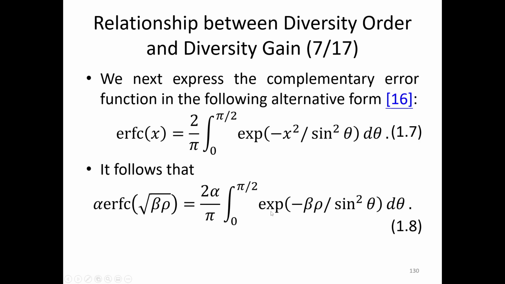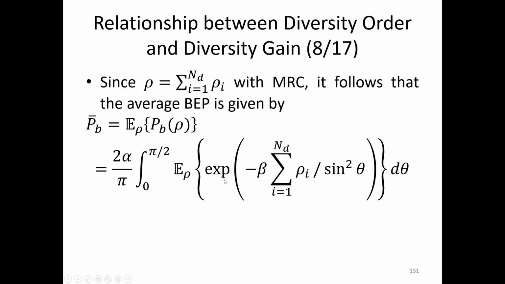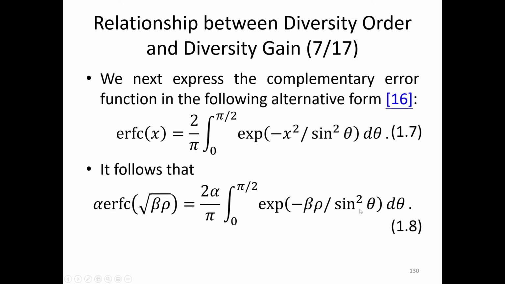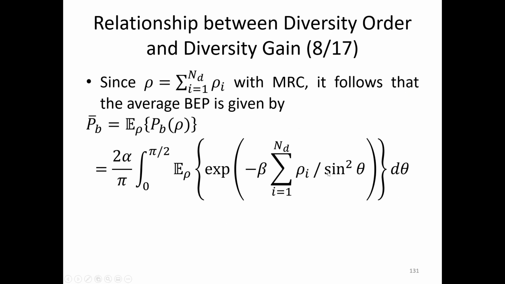Originally it's exponential minus beta rho, and we change rho to the summation from i equal to 1 to nd of rho i, over sine squared theta, with respect to rho and d theta.